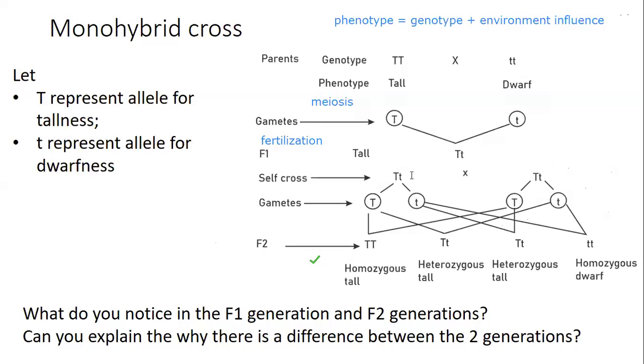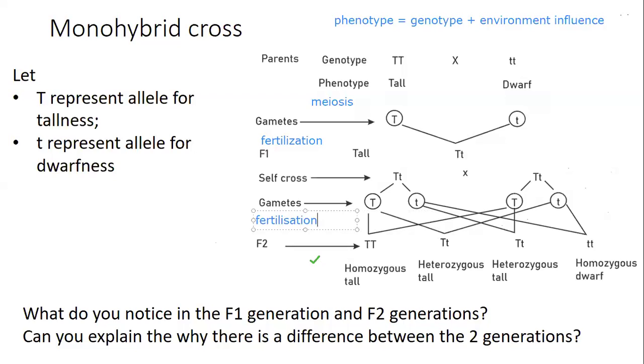When we do that, again remember meiosis takes place, and the alleles are going to segregate. When they segregate, we put each allele in its separate compartment, which we call the gamete. And then when we have random fertilization here, we get something very interesting.